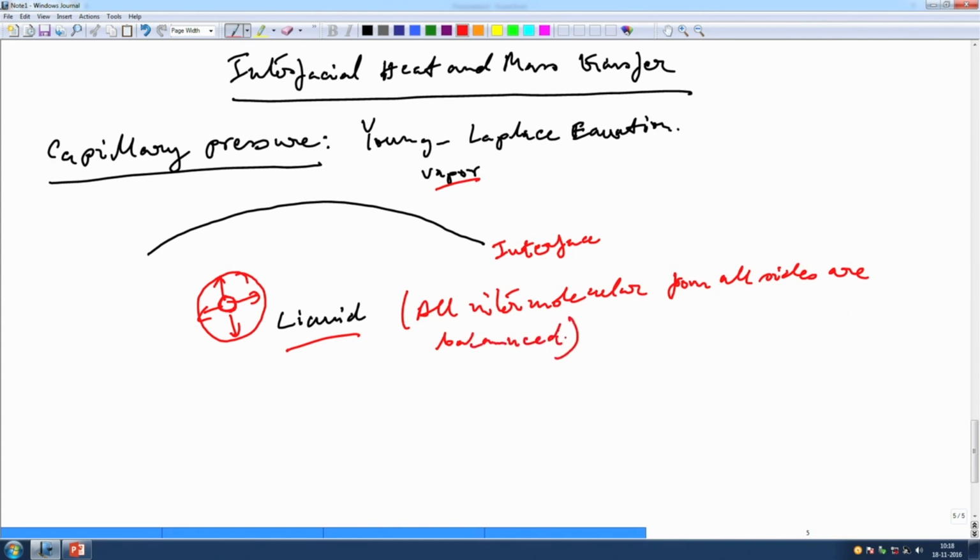Got it? And you should also note one very important observation. The intermolecular forces in the vapor phase are weak compared to the liquid phase. That means the binding forces in the vapor phase are weak compared to liquid.